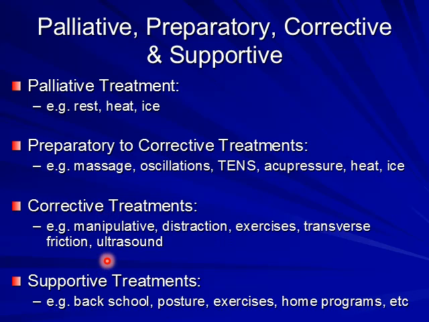All right, so I'll give you an example. Let's say under corrective you want to do a static end range hold to make a change, make a mechanical effect to the joint, and then after that you want to have the patient, this is for, let's say, the glenohumeral joint, elevate their arm for a supportive active motion.